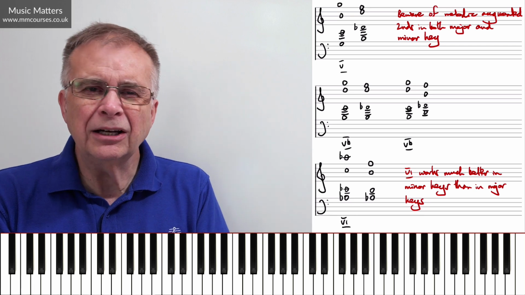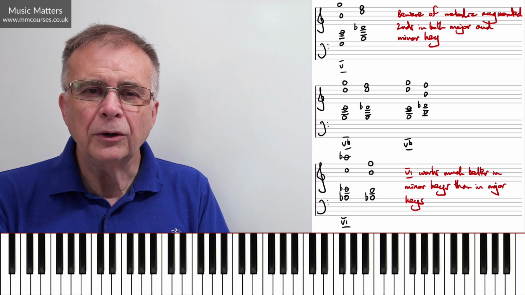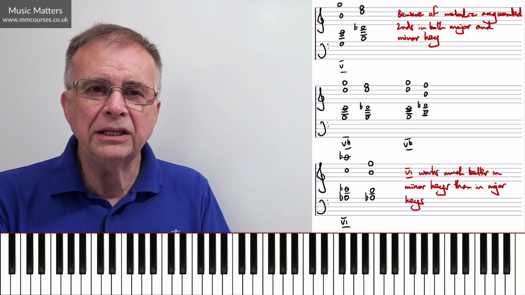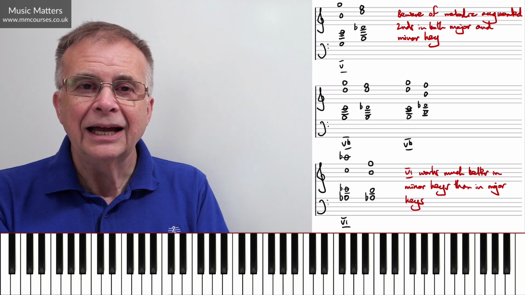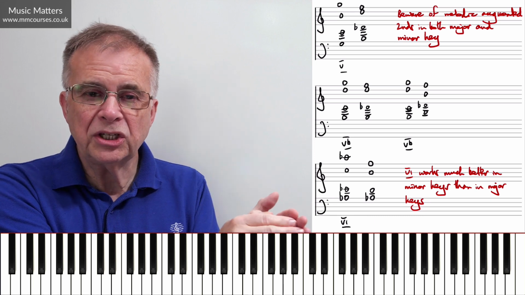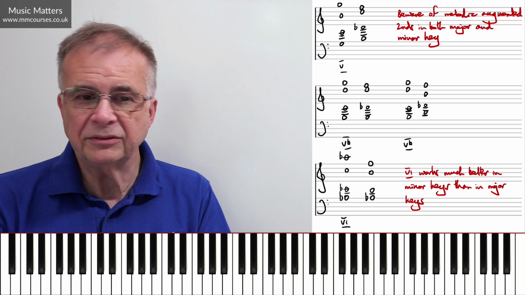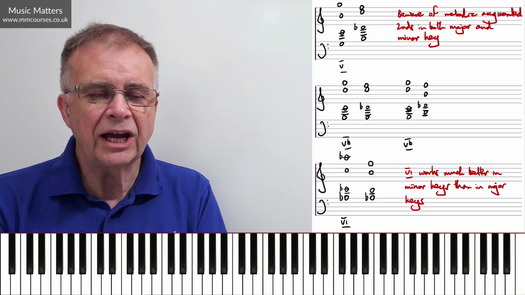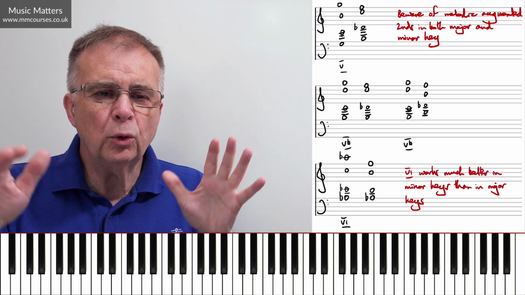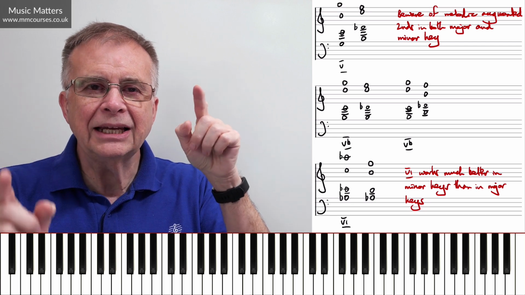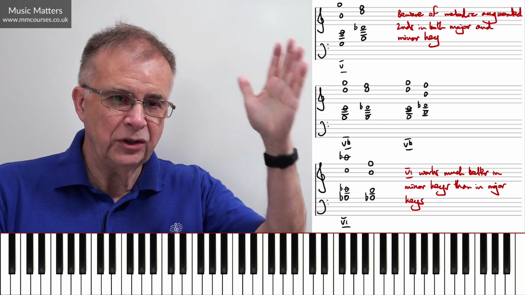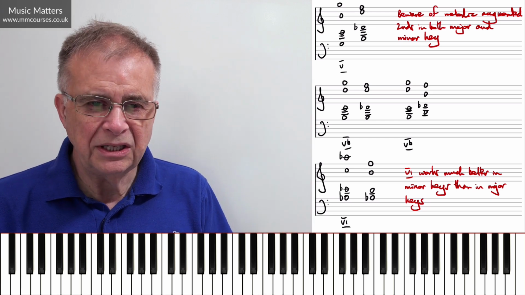It's just another slightly uncomfortable interval that we get. It often afflicts us in minor keys, but when you're using a diminished 7th, it can get you even in major keys, especially when you're approaching from chord 5. So just something to watch out for there. Just a question of organizing the parts so you don't go B to A flat in the same part when you're going from 5 to a diminished 7th.